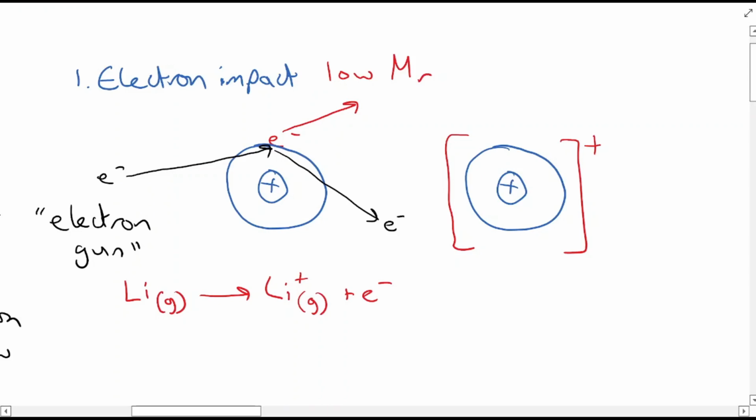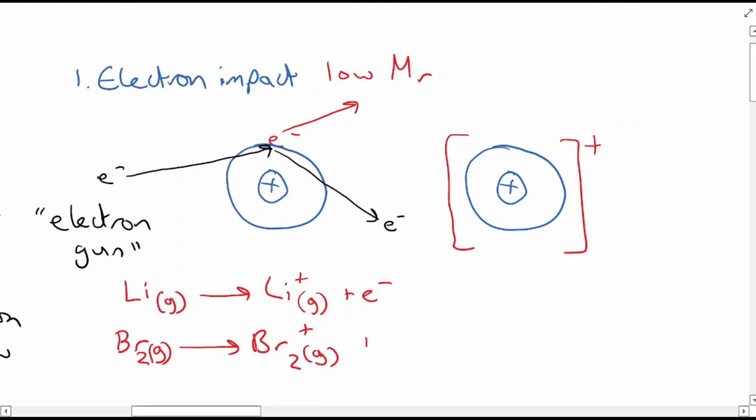But if I took bromine, now bromine exists as a liquid at room temperature, but in our mass spectrometer it's going to be a gas. And it exists as diatomic molecules. When we form our positive gaseous ion, it's still going to be a diatomic molecule.